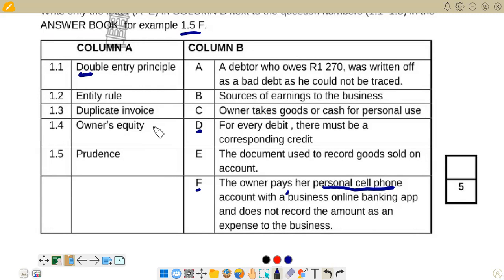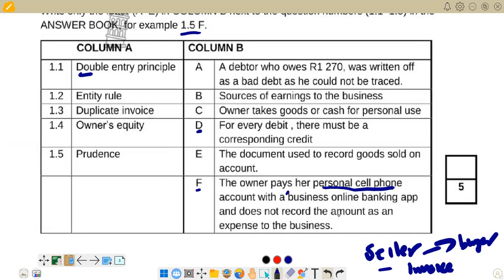Basically, the concept is that the seller sells goods on credit to the buyer, so an invoice is issued as a source document. Remember, when goods are sold for cash, a receipt is issued as the source document, but when they are sold on credit, an invoice is issued.